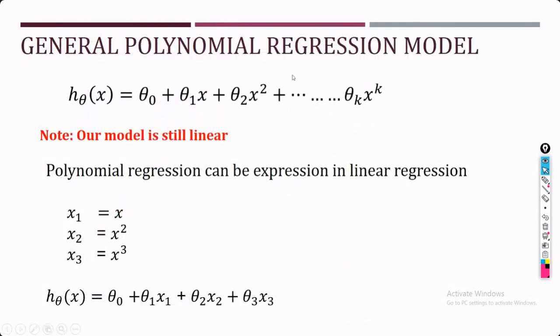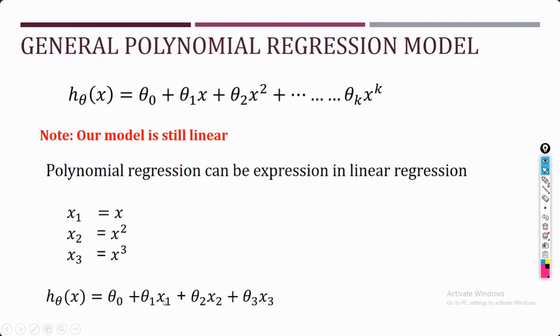So now this polynomial regression, it's not a non-linear model. Internally it's going to be some function of x, but in appearance it is going to look like just a linear regression.